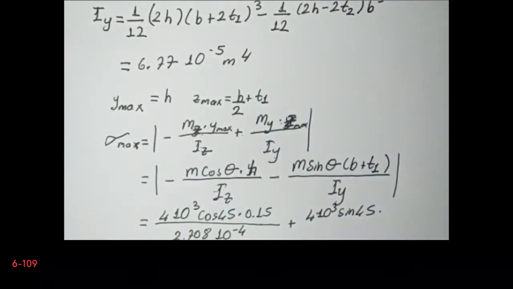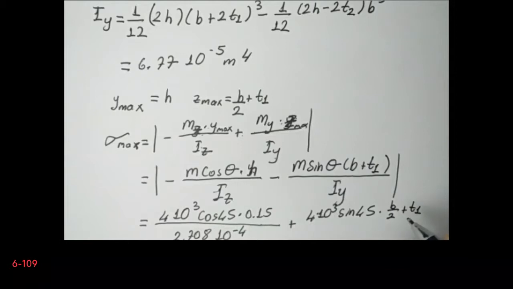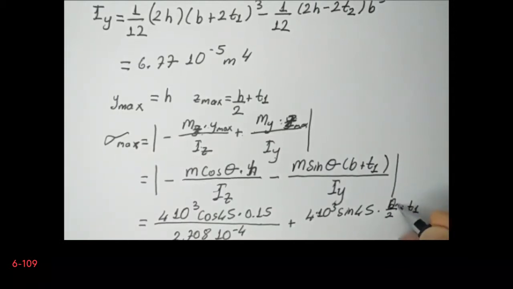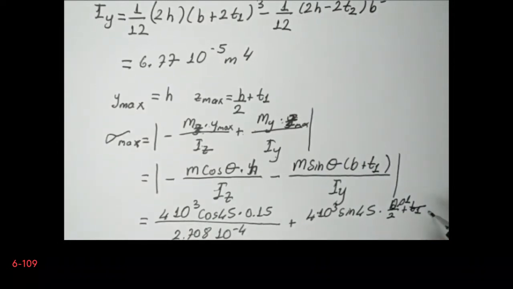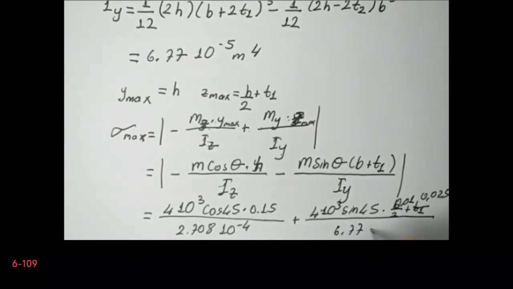It is the distance, b divided by 2. So this is b divided by 2 plus T1. B is 0.01, b divided by 2 is 0.005, and T1 is equal to 0.025, divided by Iy, that is 6.77 10 to the power minus 5.